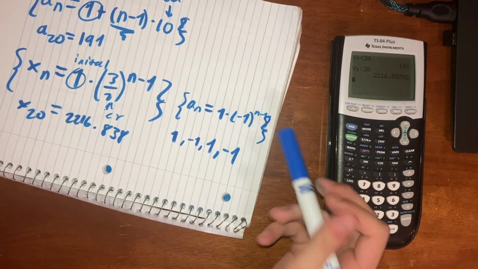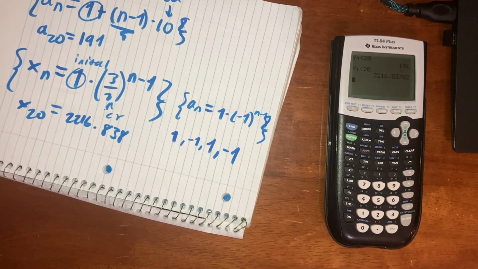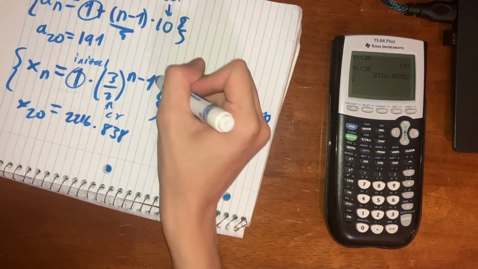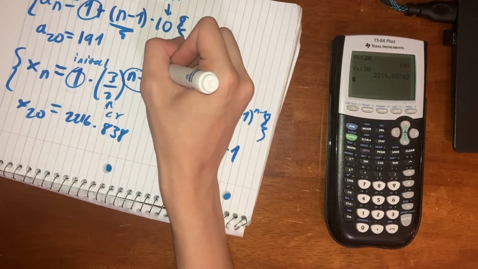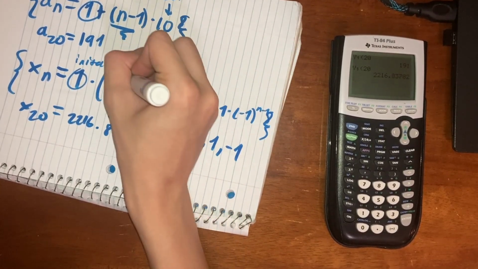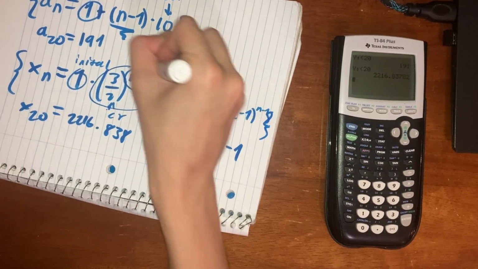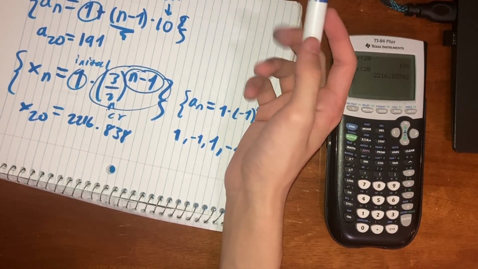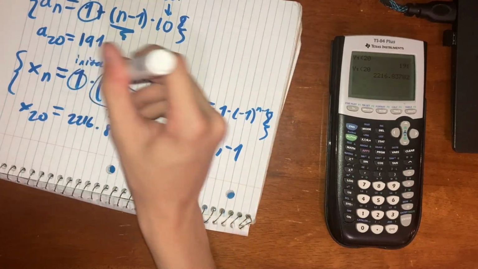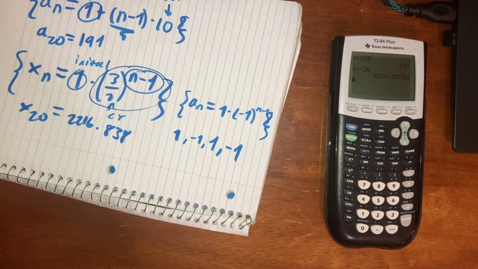Just because the negative 1 being multiplied over and over again changes each time. Once again, the initial term works because at n equals 1, this equals 0. And so this term, because something raised to the power of 0 is 1. So we just get 1 times 1, and this ends up being the initial term.